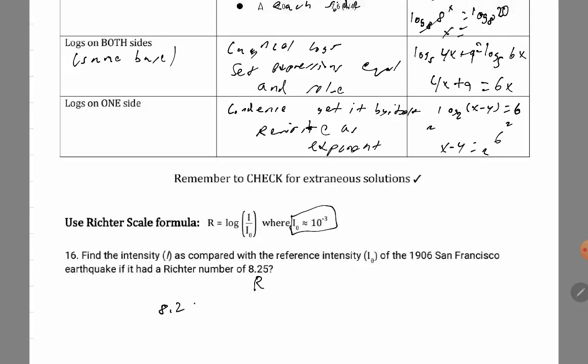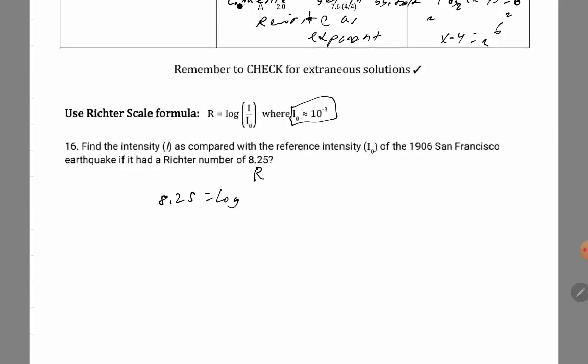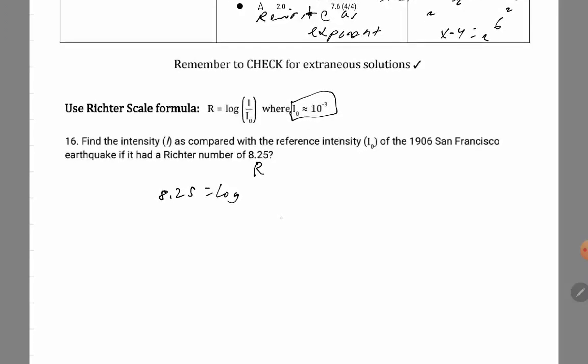So we have 8.25 equals log of I, which is what we're looking for, over 10 to the negative 3. Okay, I'm going to exponentiate both sides because this is base 10.